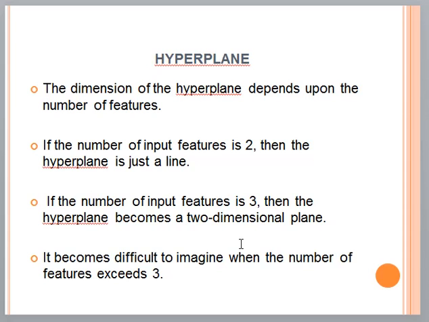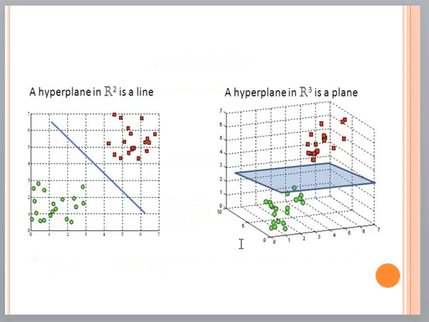It becomes difficult to imagine when the number of features exceeds 3. If I have more dimensions, then obviously we will be unable to imagine them.